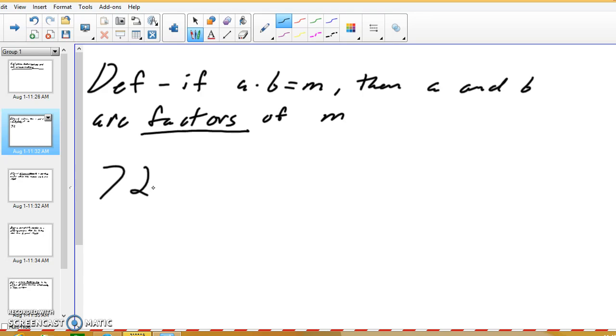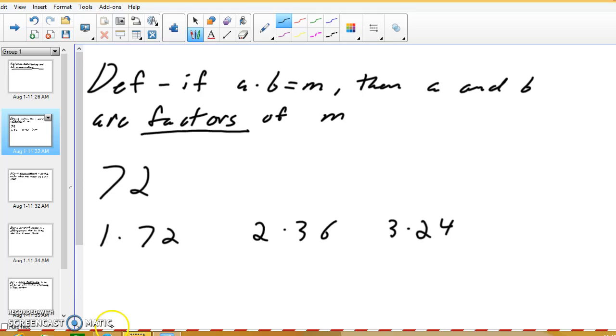You just got to think of, say 72 is our M, we got to find the A's and B's that multiply to make M. So examples of this would be 1 times 72, 2 times 36, let's see here, 3 times 24, and so many other factors like that.